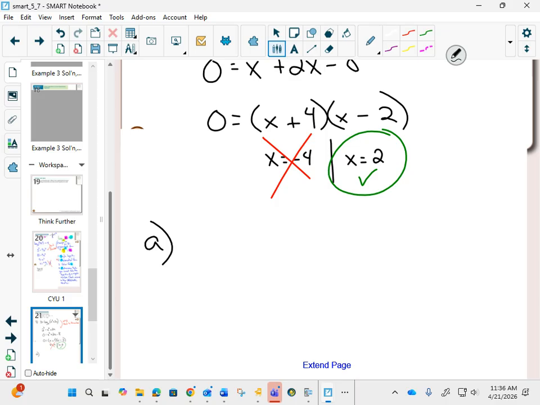We'll now do part A. I'm going to show you the regular way first, and then show you the shortcut. The regular way helps us remember a few important facts.